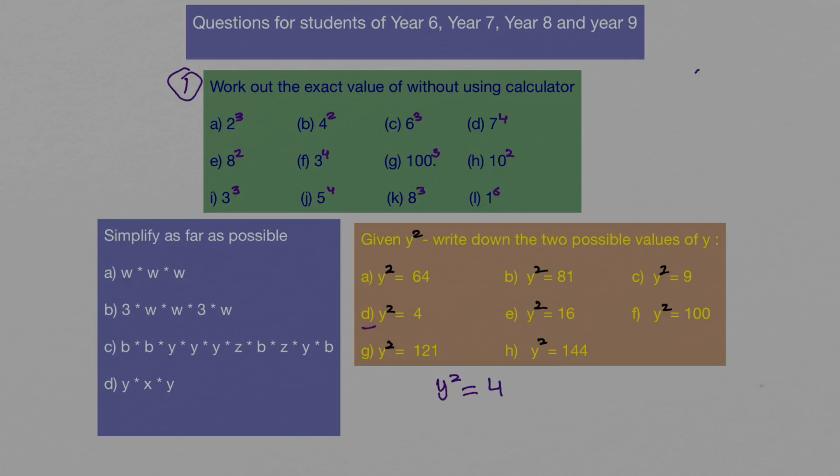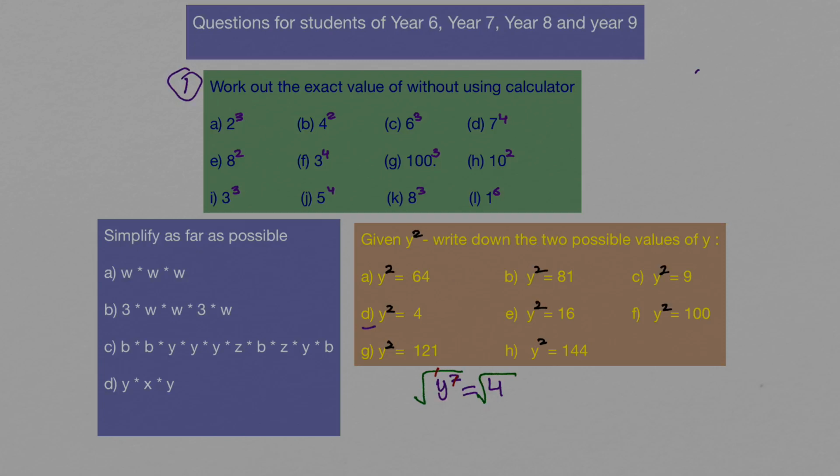In order to find the value of y, we have y square equals 4. So what we would do, we would square root both sides. In order to get rid of this square, we would do square root on both sides. Whenever you square root a squared number, it basically cancels it.